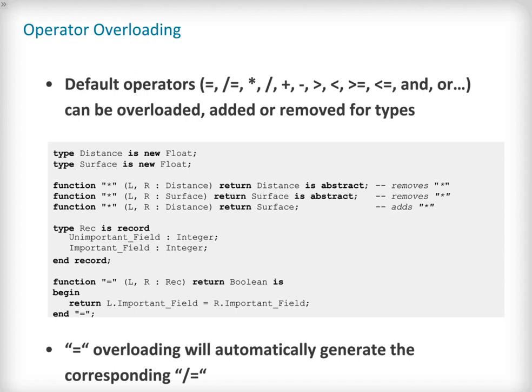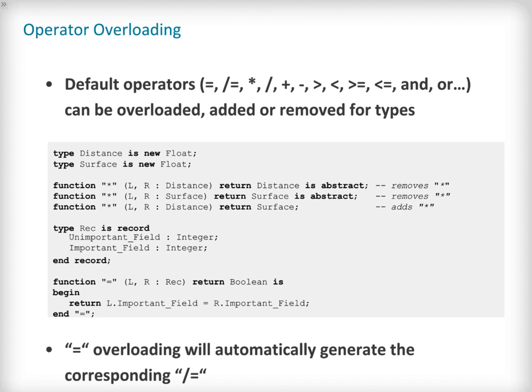I'm doing the same thing for surface, and then I am introducing a new multiplication between two distances that returns a surface, so that I'm ensuring some level of consistency in terms of dimension analysis. Note that GNAT offers some specific features for dimension analysis, but this is outside of the scope of the discussion right now.